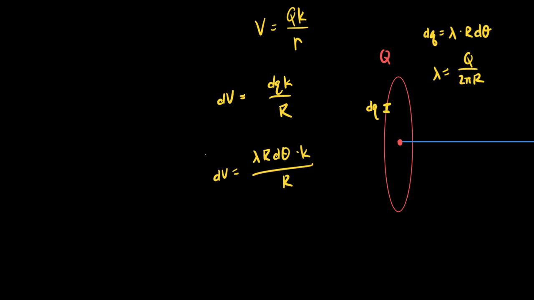I think I can go ahead and add up all of the contributions, right? From 0 to 2 pi. Yeah? Am I okay? Won't this be the total electric potential at the center? Just adding it up like we would do with 4 charges.